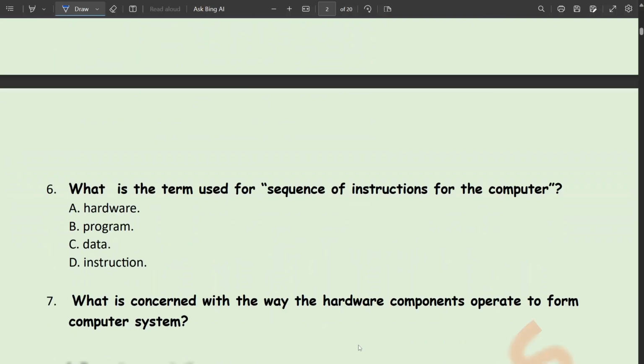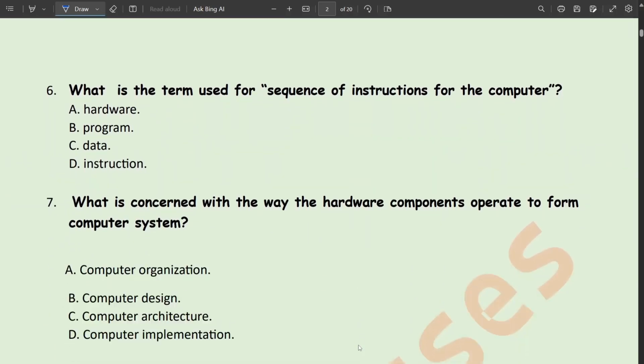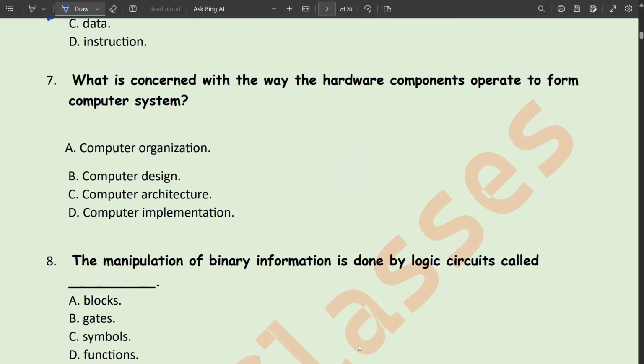Next, what is the term used for a sequence of instructions for the computer? The answer is option number B, program. Next, what is concerned with the way the hardware components operate to form a computer system?